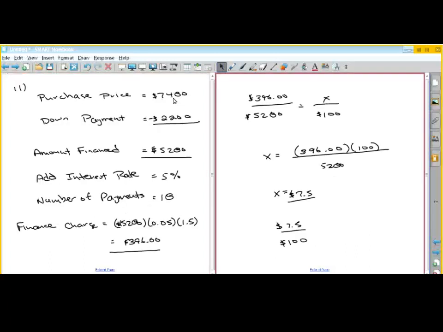So what do we do here? We have the purchase price. We subtracted the down payment. That left us how much to finance. We used a simple add-on loan, which means that you take the amount to finance multiplied by the yearly percentage rate in decimal form multiplied by the number of years. That gave us the finance charge.